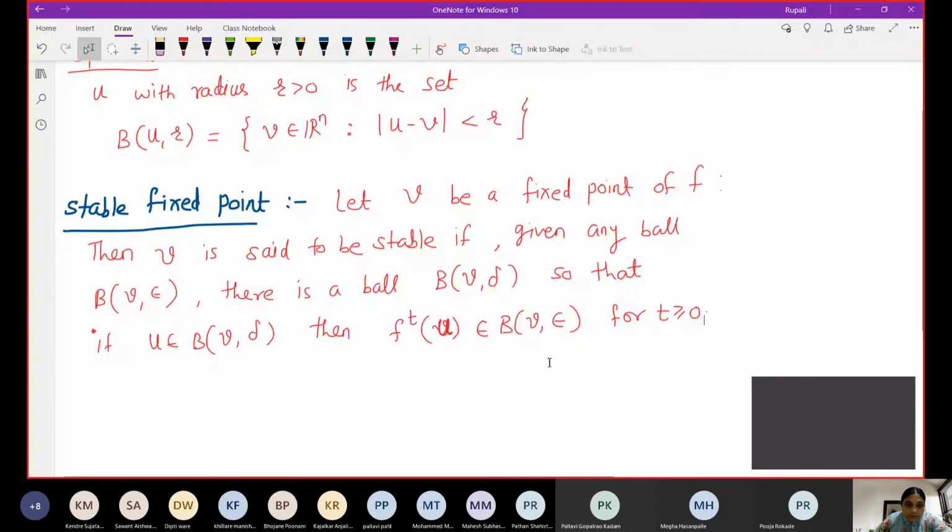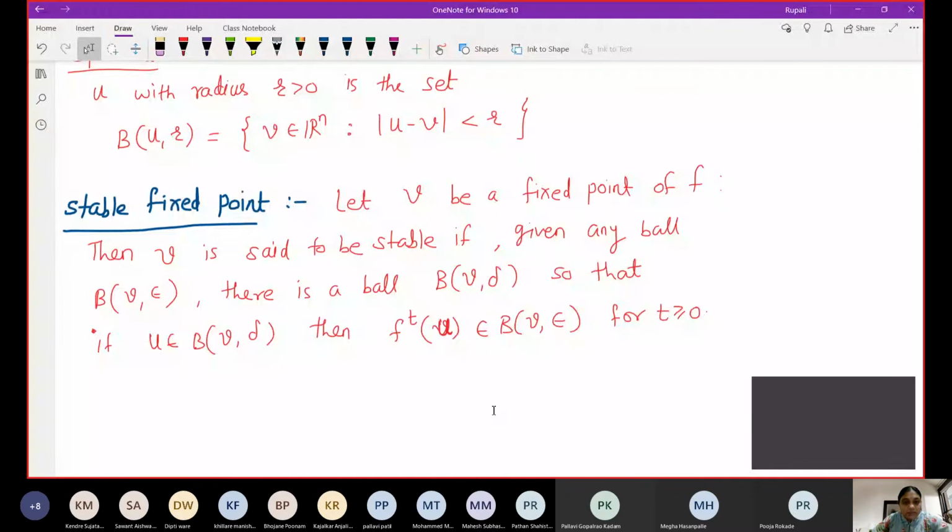What does it mean? A fixed point is stable means the points close to V do not go far from V under every iteration of f, because f raised to t at U, for t greater than or equal to 0, under every iteration of f, does not wander far from V, means they will belong to that open ball itself.